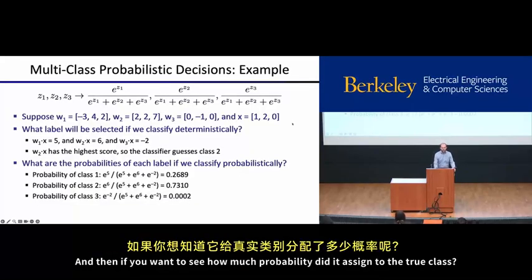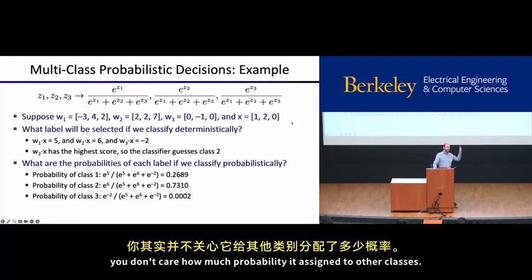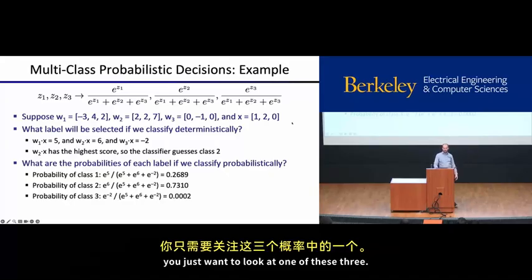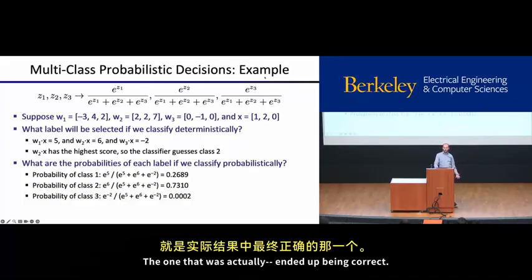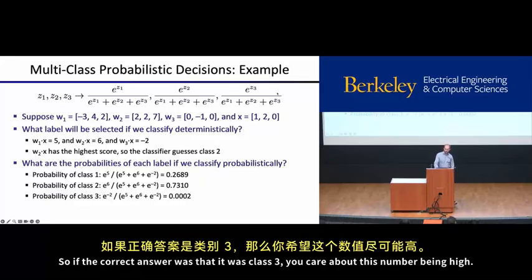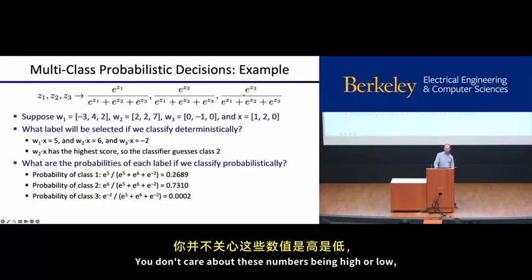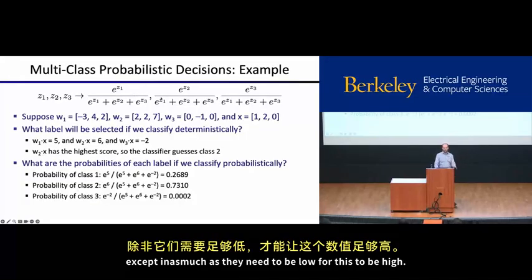And then if you want to see how much probability it assigned to the true class, you don't care how much probability was assigned to other classes. You just want to look at one of these 3, the one that actually ended up being correct. So if the correct answer was class 3, you care about this number being high. You don't care about these numbers being high or low, except inasmuch as they need to be low for this to be high.